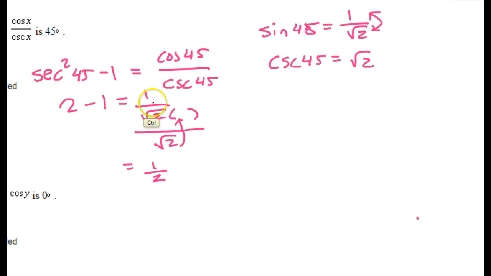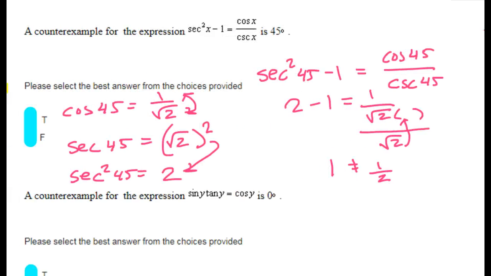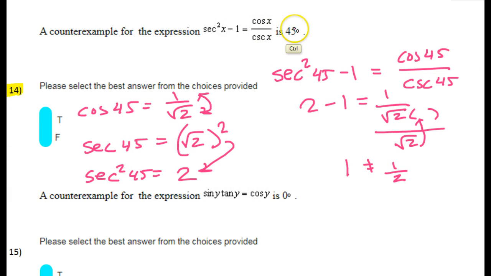So at 45 degrees, the right hand side of the equation is 1/2. The left side of the equation is simply 1. 1 does not equal 1/2. So that means that this is a counterexample. It's an example that proves this is not always true.